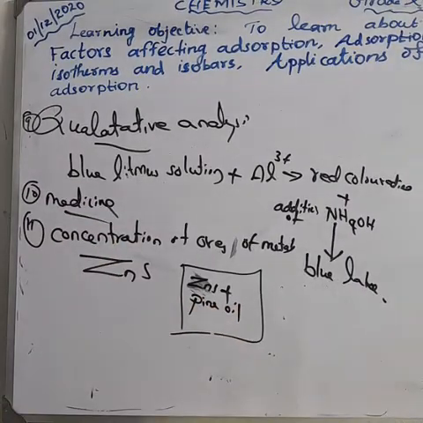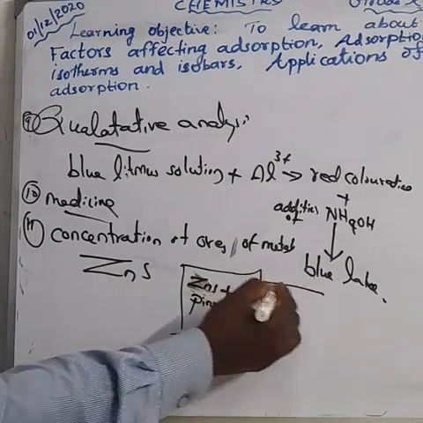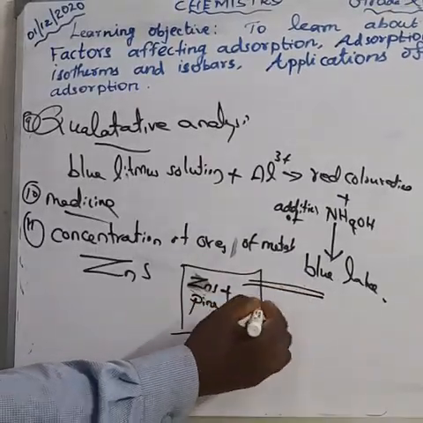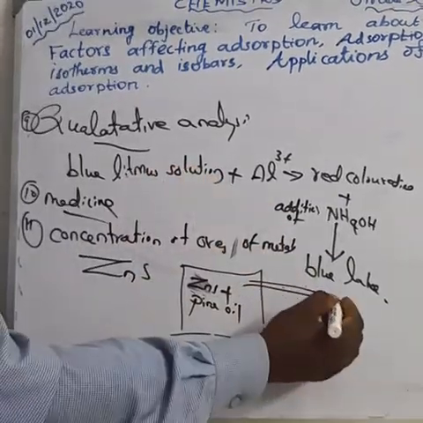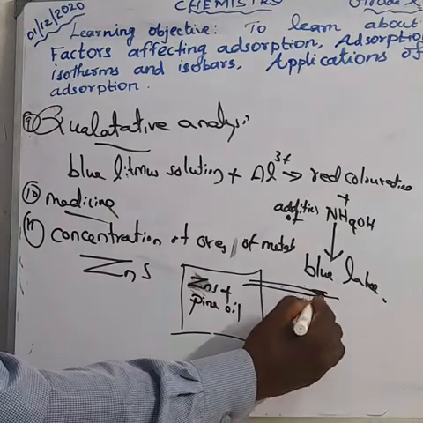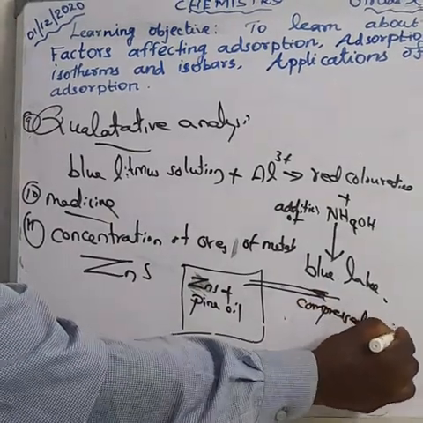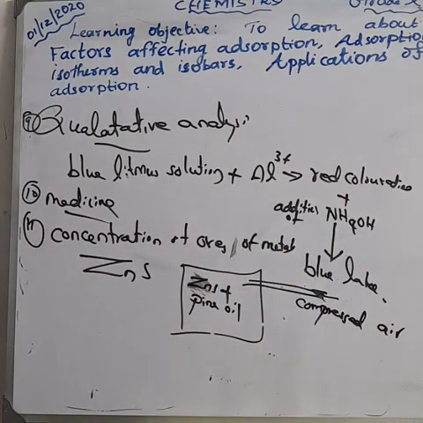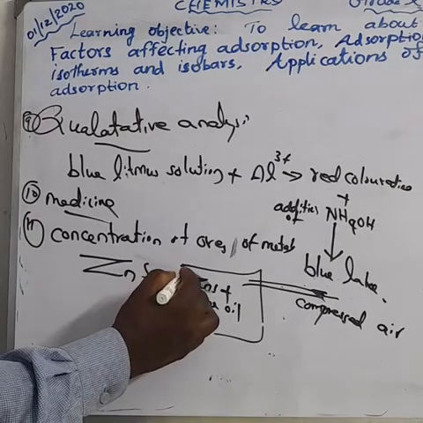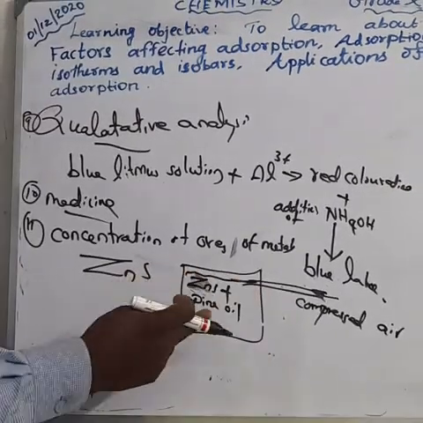We add the respective solution and pass compressed air. We connect one pipe, and through this pipe we blow compressed air. Due to the air and the solution, the mixture is agitated.